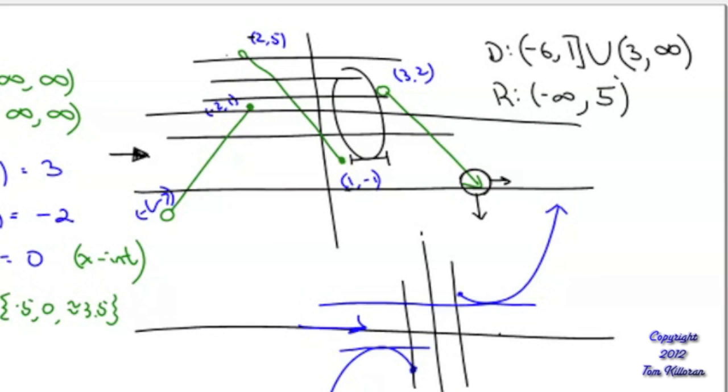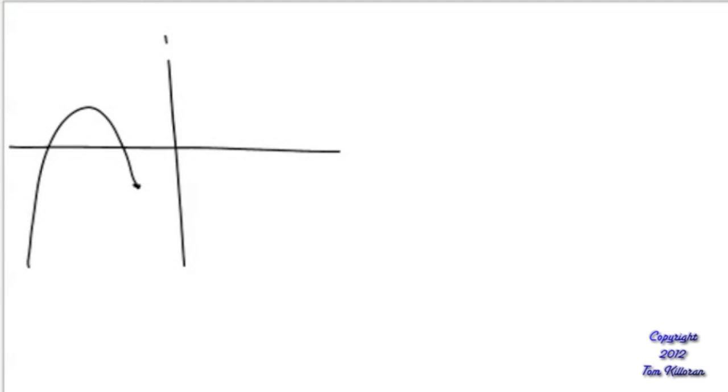All right, let's go to that last picture, which looks like this. Something coming up and coming down, and something coming down. And that's an arrow, and there are no others.